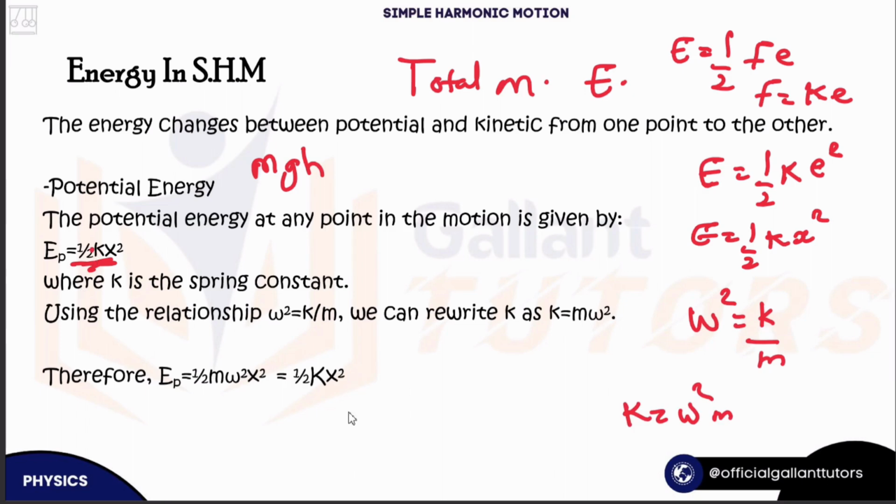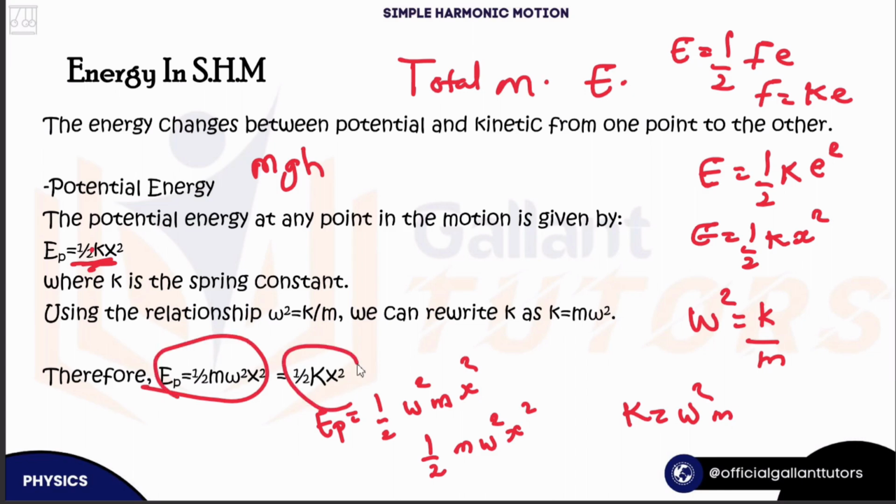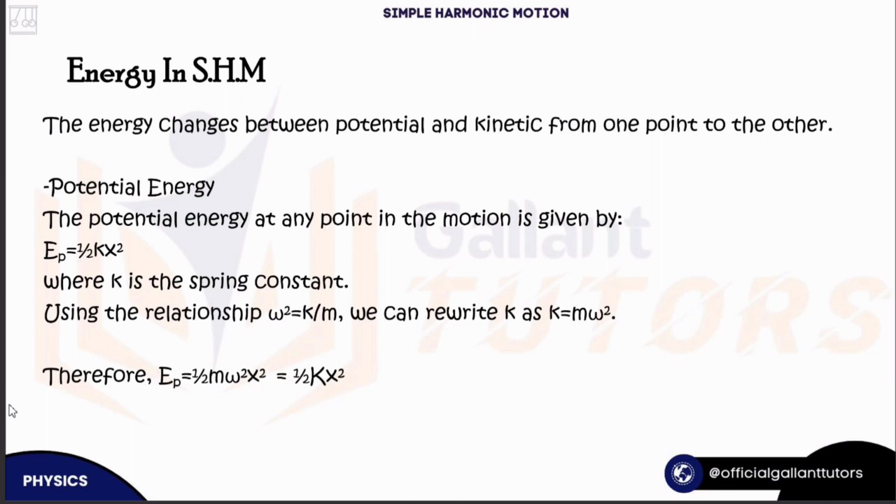So if I put this here, I can have Ep, which is potential energy, equal to half k, which is w square m, x. To make the formula more presentable, I can just say half m w square x square. That's how I came about this formula. So either of these is correct, depending on how the question was asked.